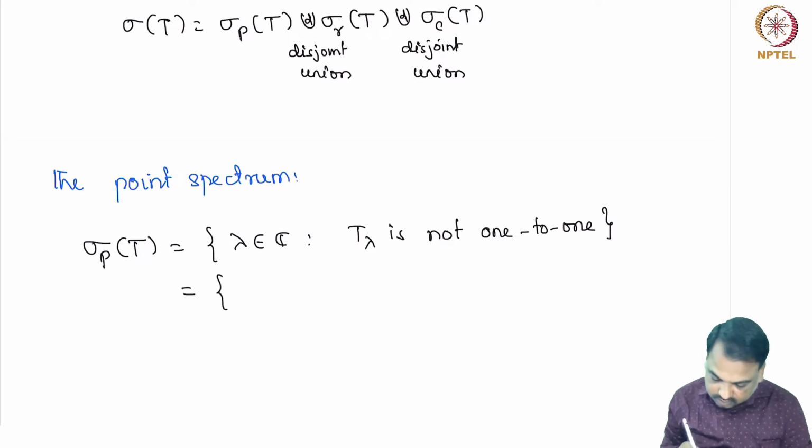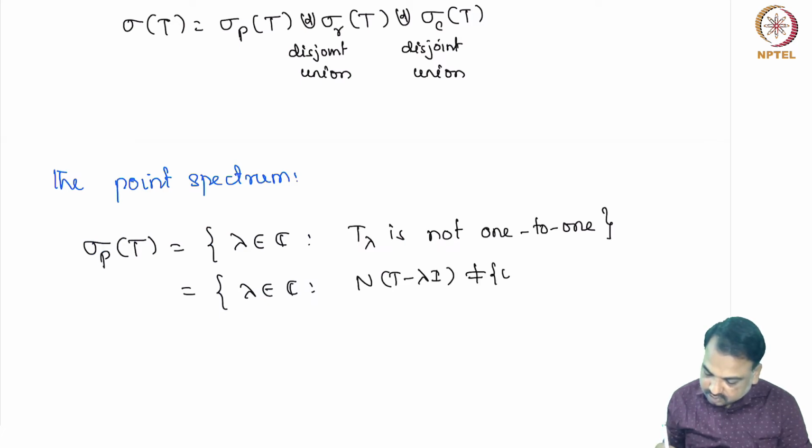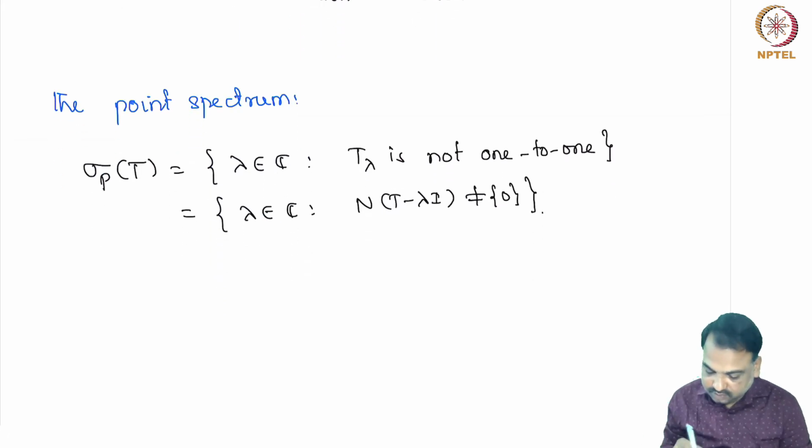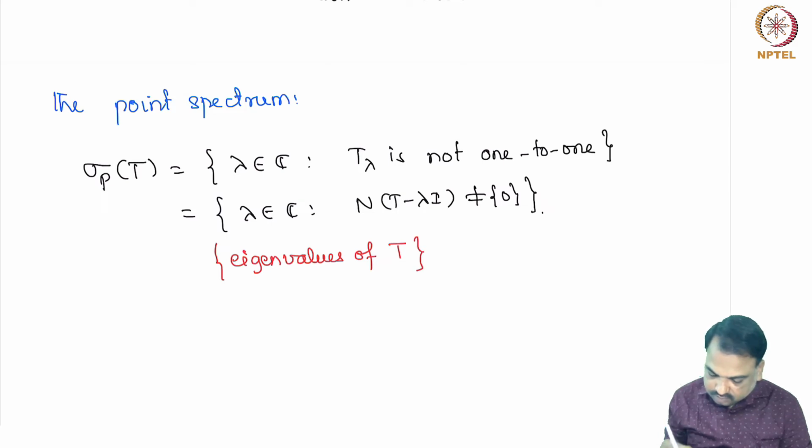In other words, we can write it as the set of all lambda in C such that the null space of T minus lambda I is non-zero. This is the set of all eigenvalues.